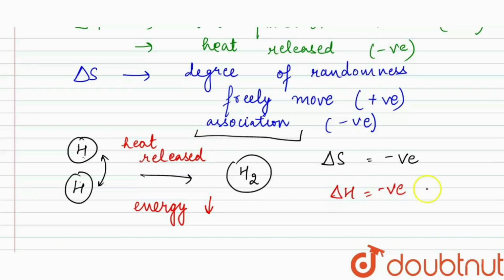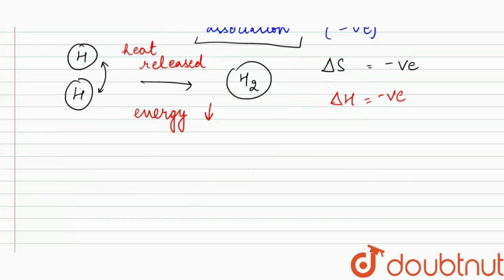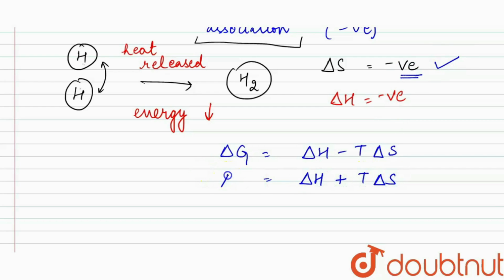Or we can also do this by another factor, as we know from the Gibbs equation that delta G is equal to delta H minus T delta S. In this case we have delta S negative, that is sure, so it will be delta H plus T delta S. Now we know that for a spontaneous reaction our delta G should be negative.